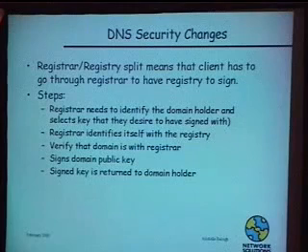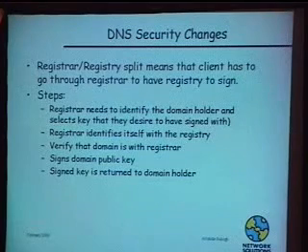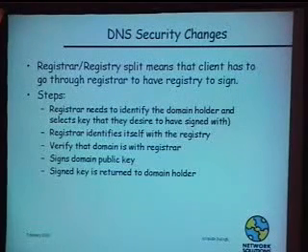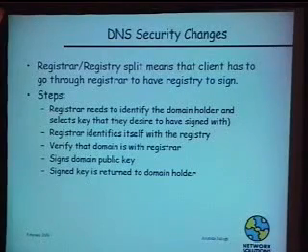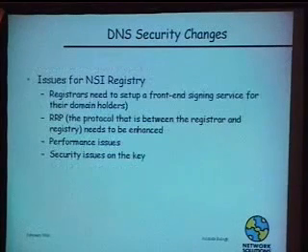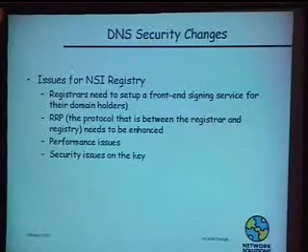One of the things you're going to have to do is, at this point in time, key rollover is a problem, so you would have to re-sign your public key with a new key set from the gTLD operator at least on a monthly basis. Now, the issues, of course, are that the registrars need to set up a front end for a signing service.